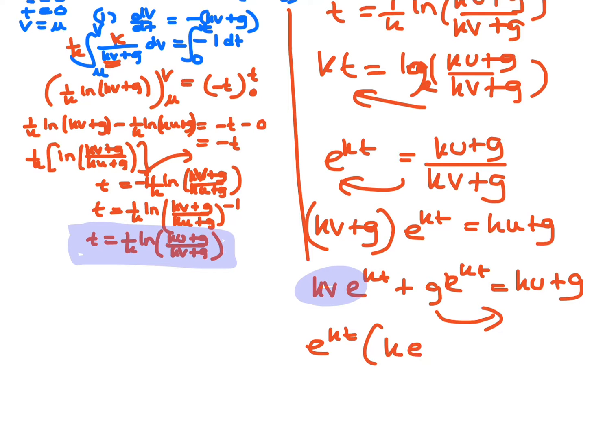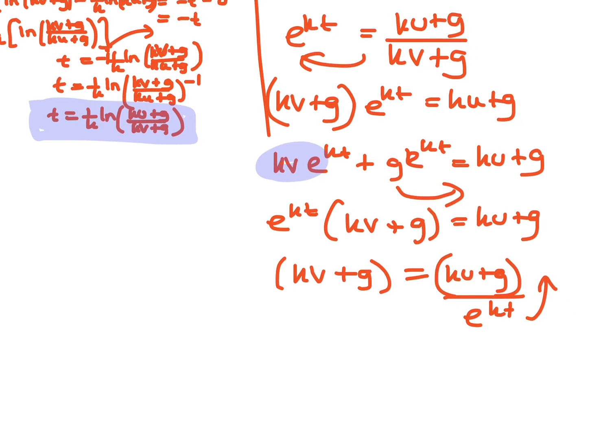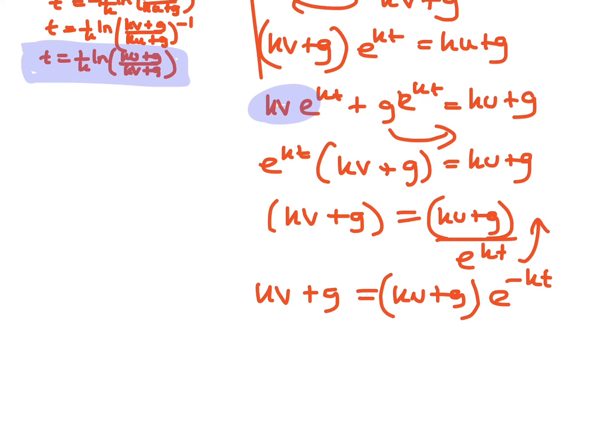So you can see that's kv there. kv plus g equals ku plus g. And then I'm going to bring that to the other side and I'm going to divide it. So it's (ku plus g) over e to the kt. And when I bring that up, it'll give me a negative. So kv plus g equals (ku plus g) times e to the minus kt.